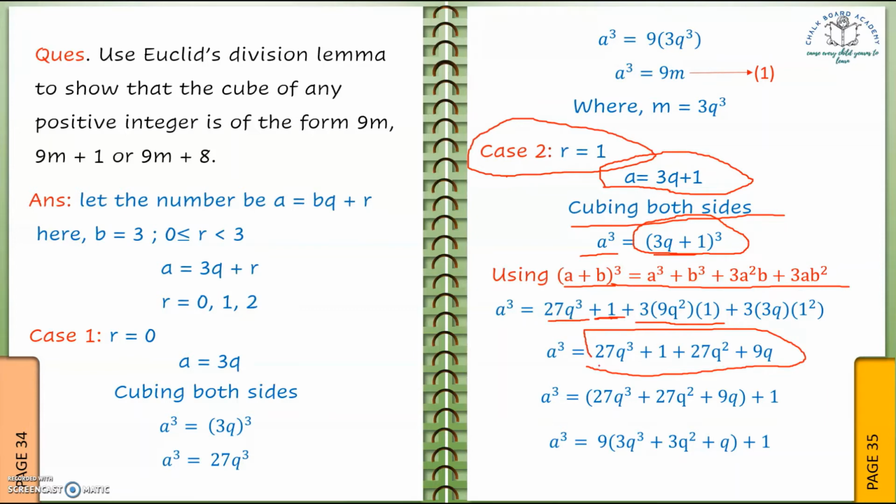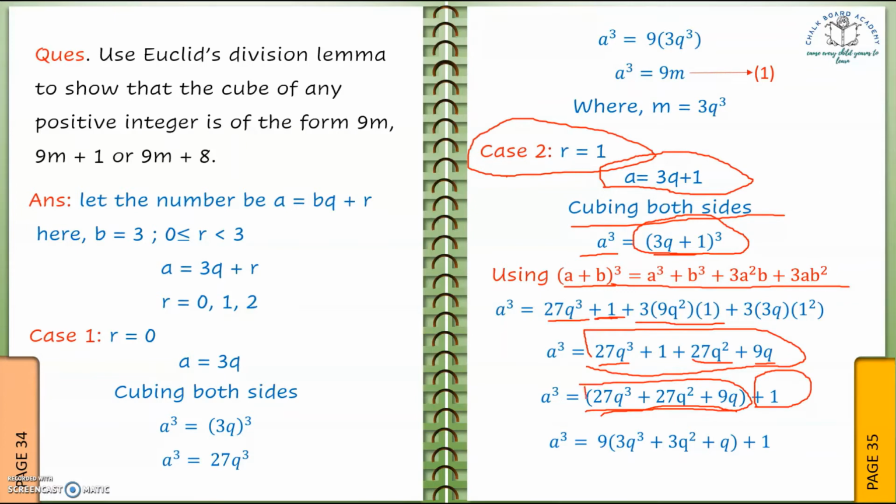Now here we can simply see that all the terms with q as variable are multiples of 9. So we take them together as 27q cube plus 27q square plus 9q, and 1 is separated from the whole equation.